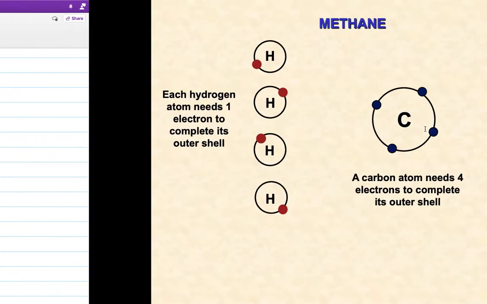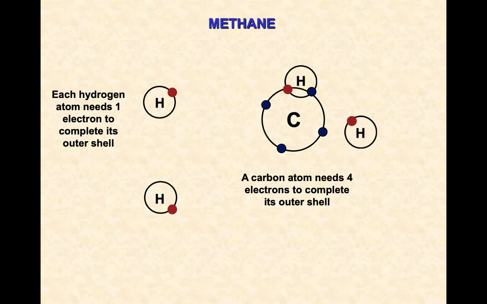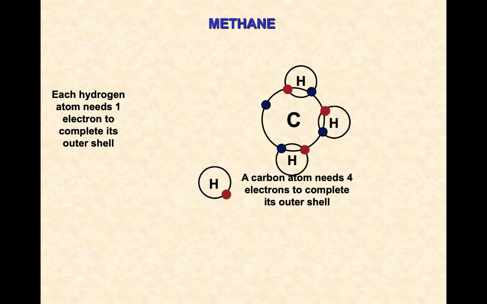Okay, so they work together. Each of these hydrogens is going to come over and form covalent bonds with the carbon. So now this hydrogen has a full outer shell of 2 electrons. This hydrogen has a full outer shell of 2 electrons. This hydrogen has a full outer shell, and so does this one.